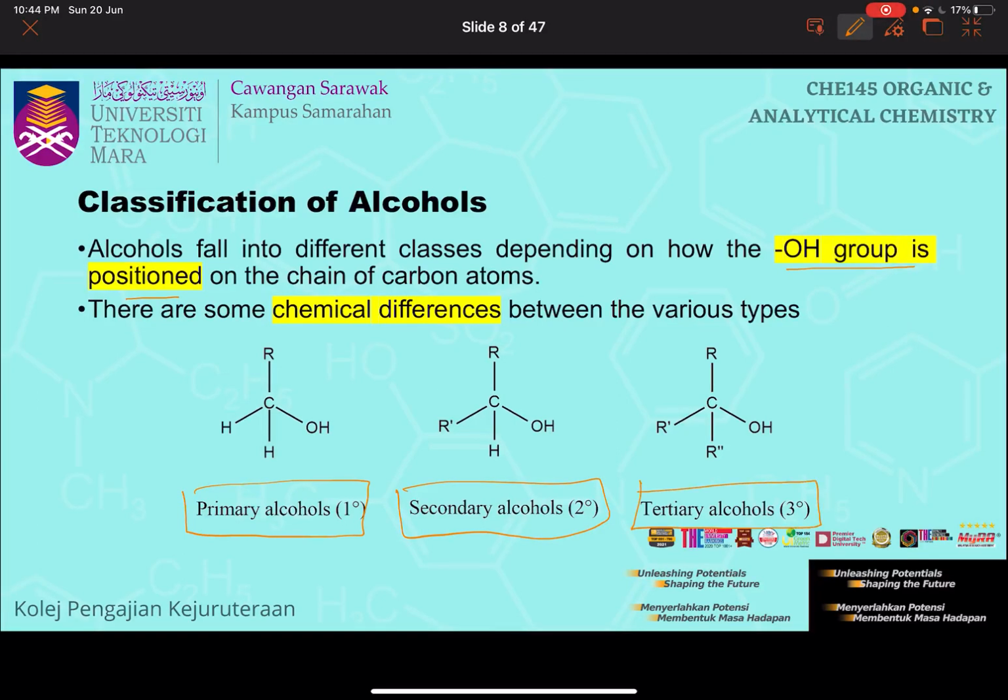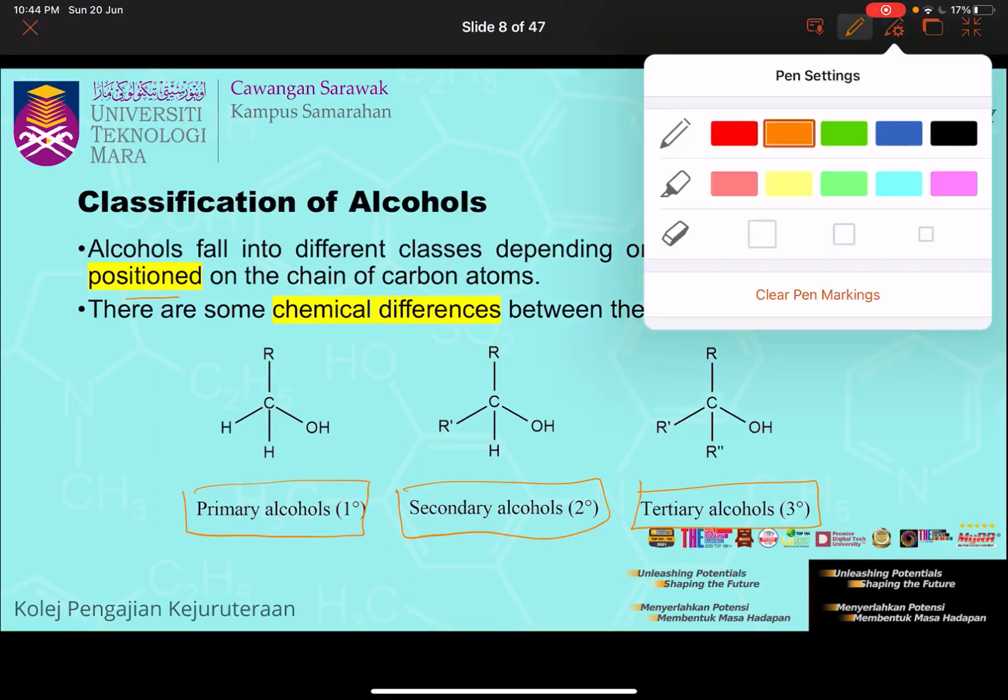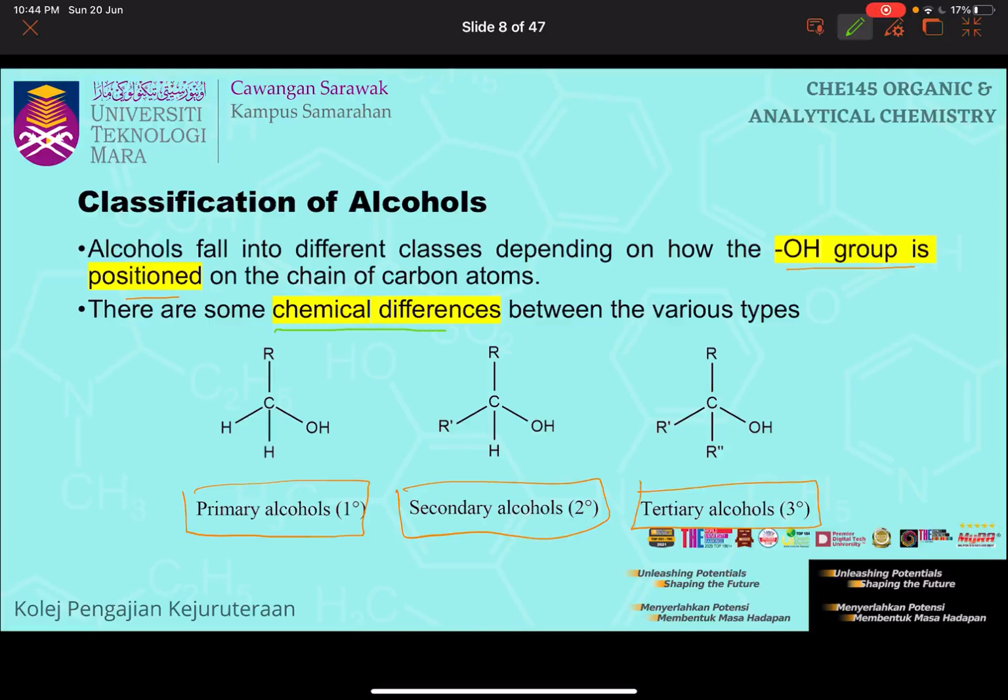Why is it important to identify whether it's primary, secondary, or tertiary? It will affect the chemical reactions greatly later on. So how do we identify a primary alcohol? The carbon that has the OH has one hydrocarbon chain attached to it.